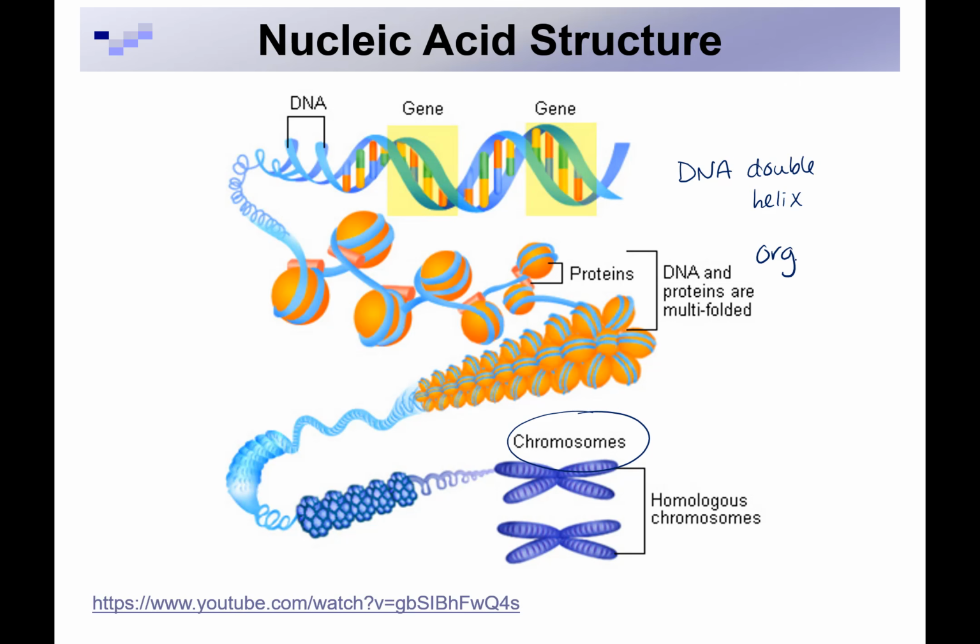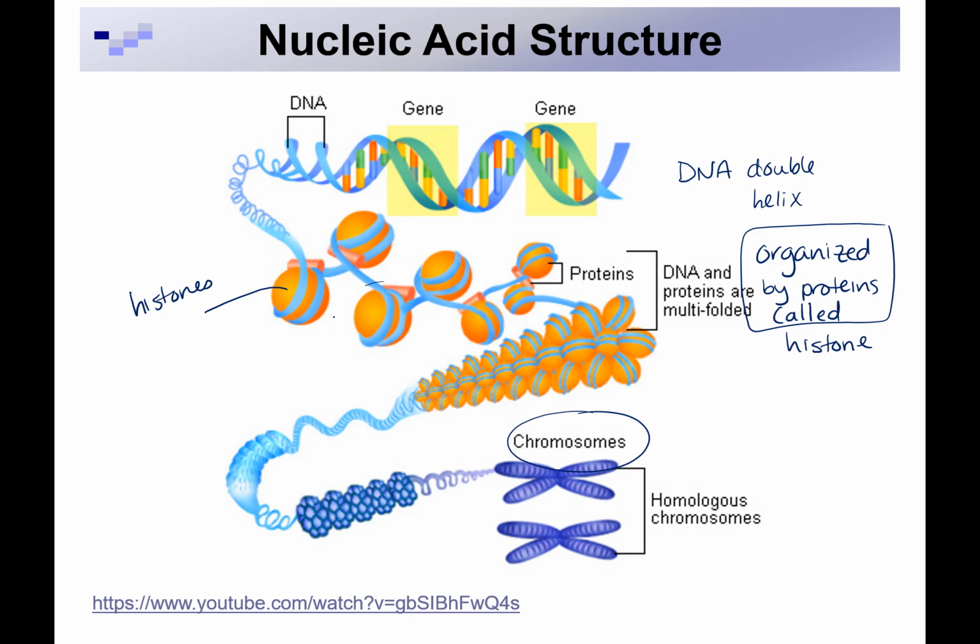Your double helix is not floating around because it would get tangled and broken. It's organized by proteins called histones. That's what these little orange guys are. And the organization of DNA around a histone is called a nucleosome.